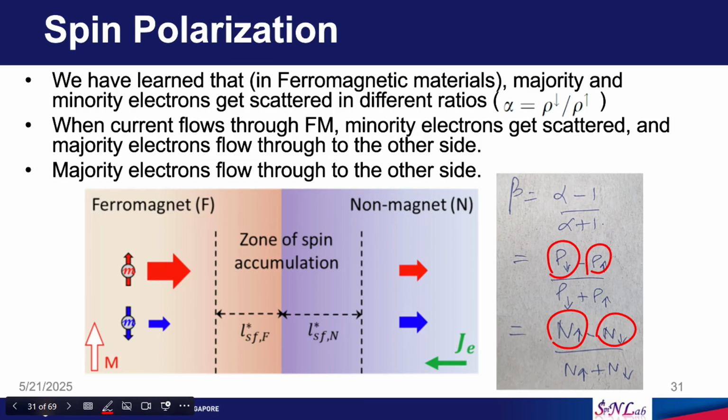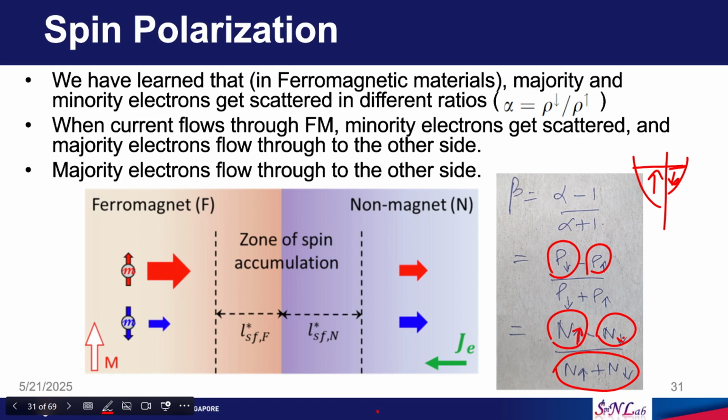In ferromagnetic materials you have different density of states for spin up and spin down electrons. The difference in the density of states of spin up minus spin down, divided by the sum, is called spin polarization.